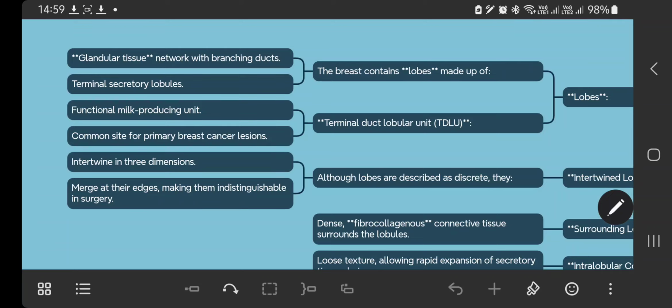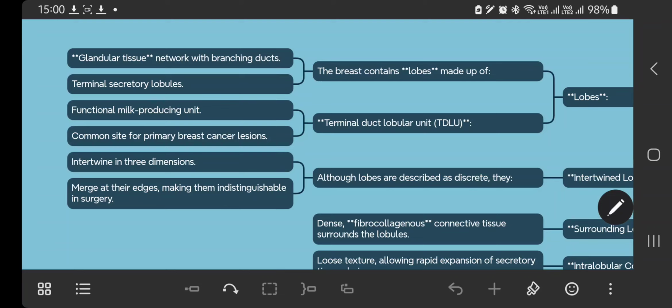What does that do? It's the functional milk producing unit. It is also the common site for primary breast cancer lesions. You have to remember that about the lobes.